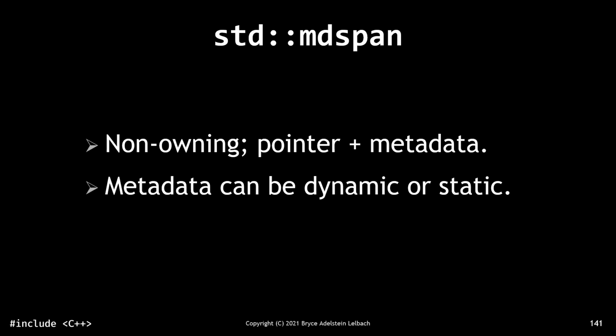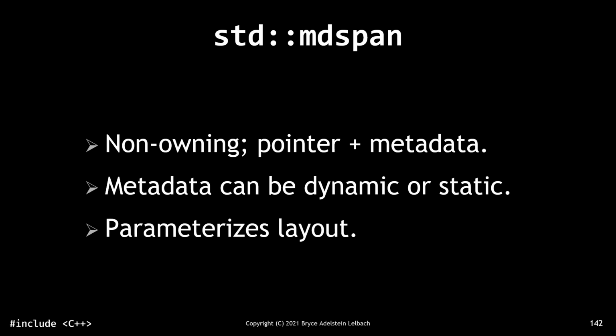Metadata such as the extent of a dimension can be expressed either at runtime or compile time, allowing for metaprogramming and compile time optimization. MDSpan parameterizes how a multidimensional index is mapped to a location in the underlying data. We call this parameter a layout, and it can express any kind of multidimensional structure.